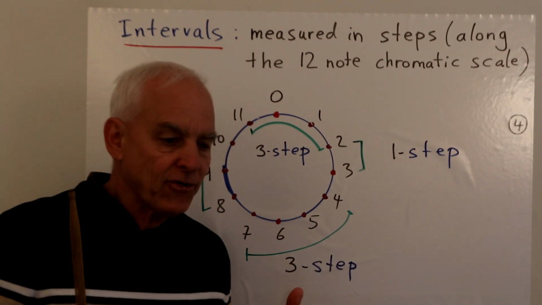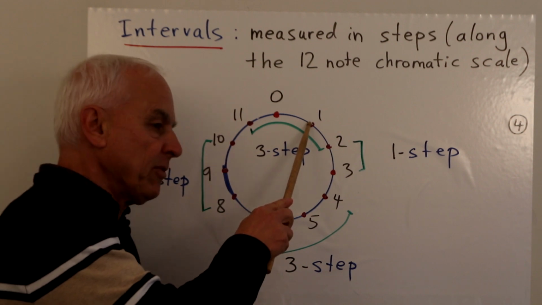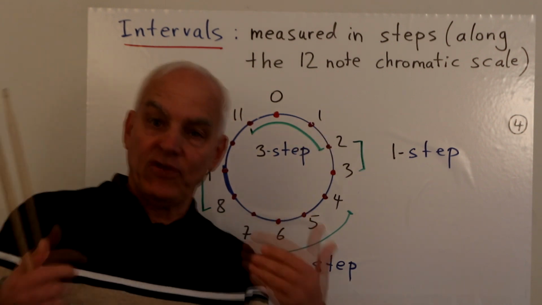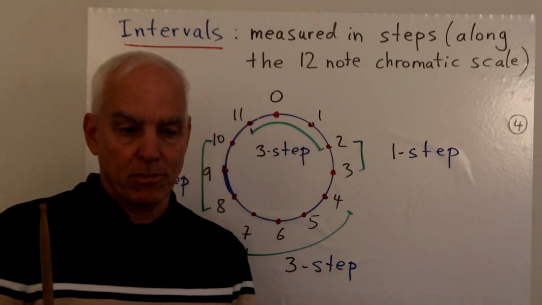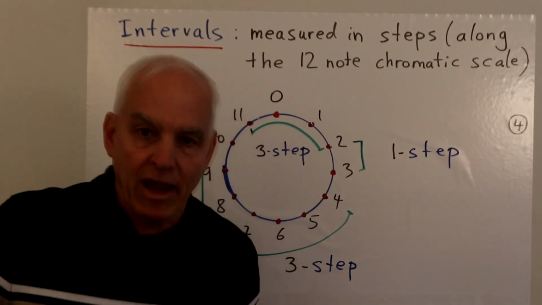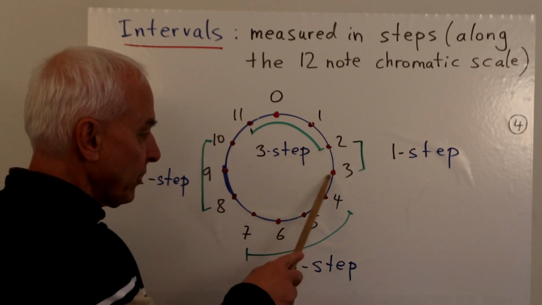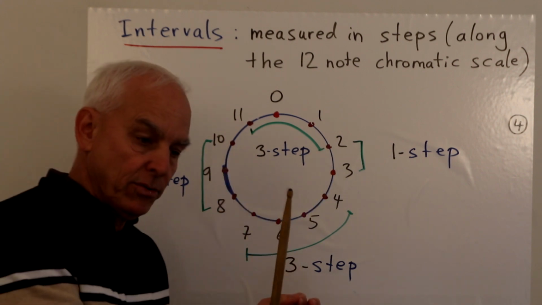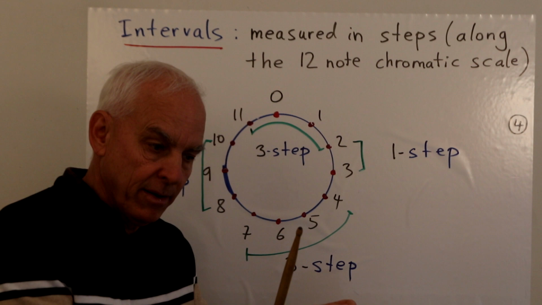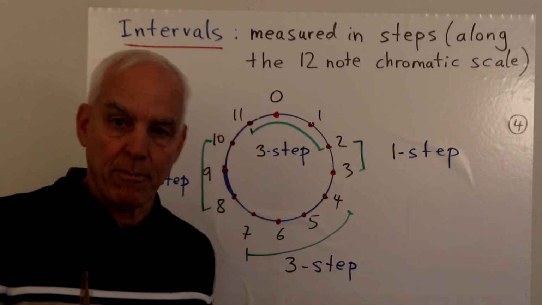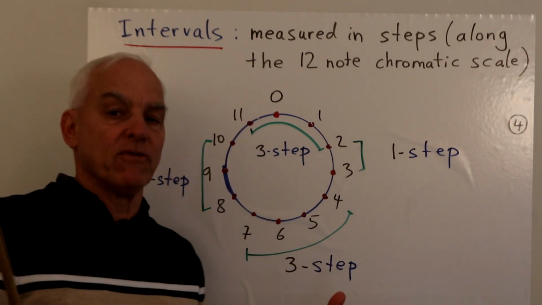In the obvious sense, going from one of these positions to the next one is a step. Or more precisely, it's a one step. So say going from note number 2 to note number 3, we'll call that a one step. That's a one-step interval, if you like.